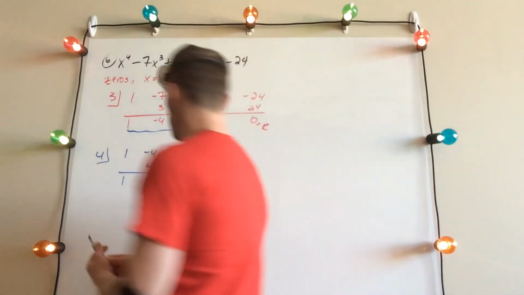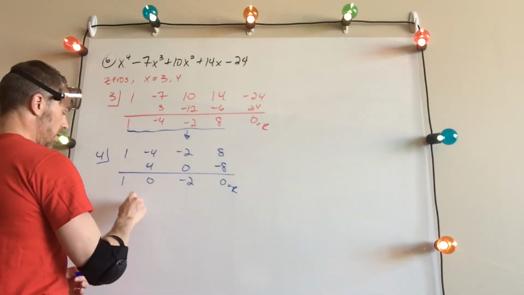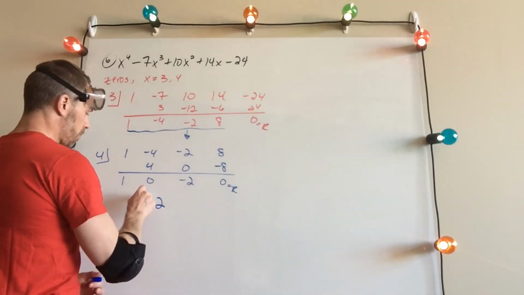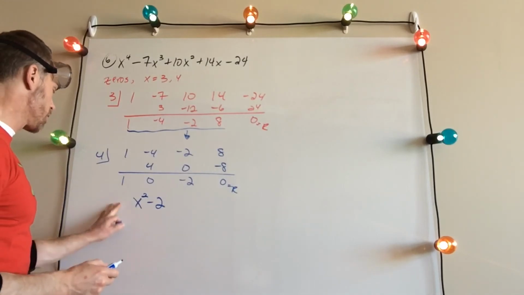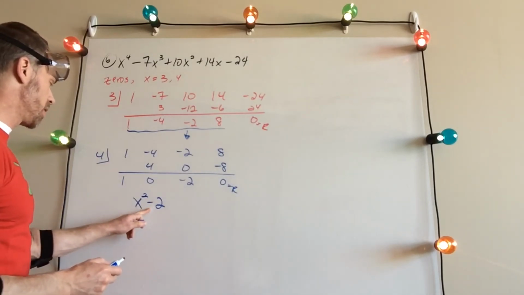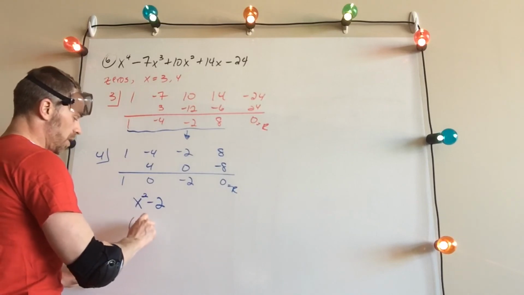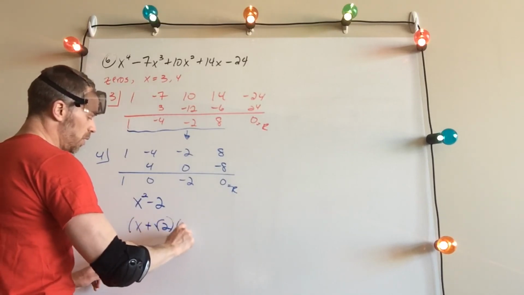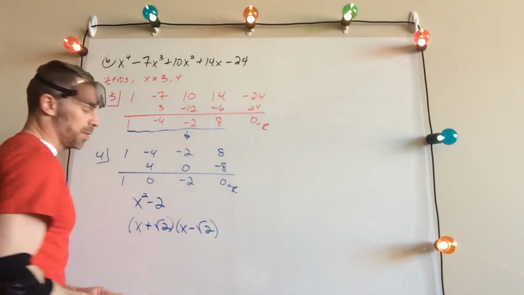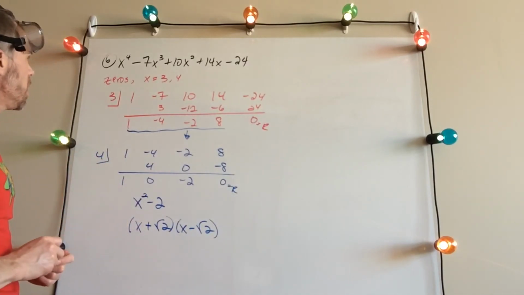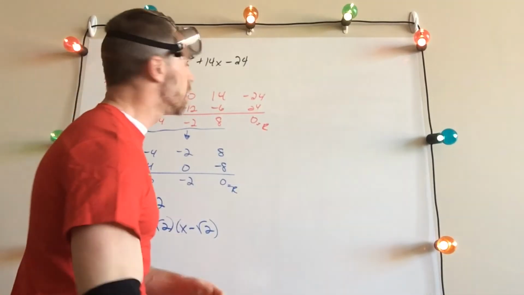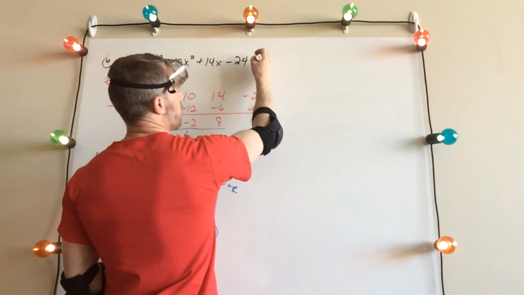So the resulting polynomial is quadratic, x squared minus 2. We could factor that with difference of squares if we did x plus square root of 2 and x minus square root of 2.